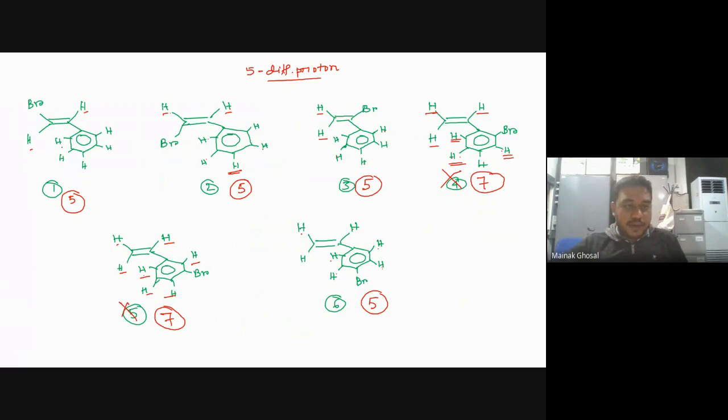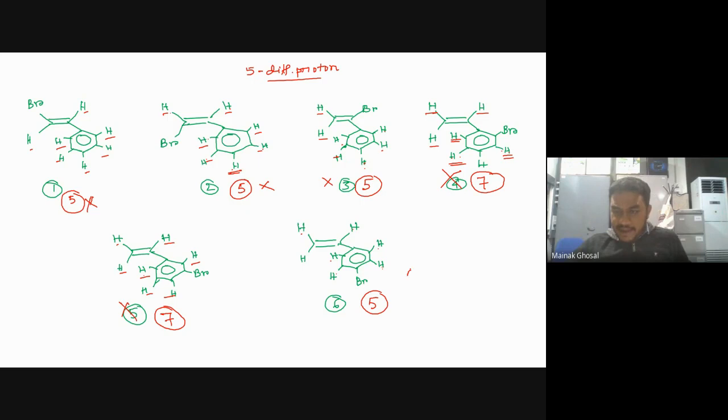Suppose this is your structure, you expect 3 signals: 1, 2, 3. If this is structure 1, 2, 3, that means in the aromatic region, above 7, you are expected to see 3 signals. Since you are not getting that, you neglect this one. But you also need to verify that whatever remains matches the given data.